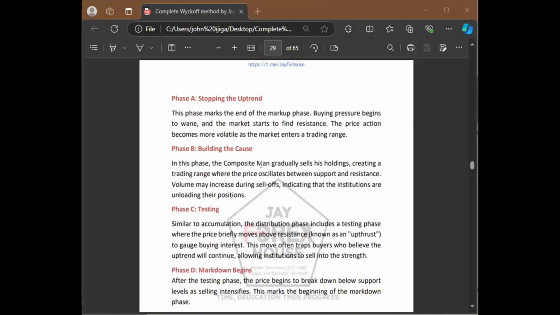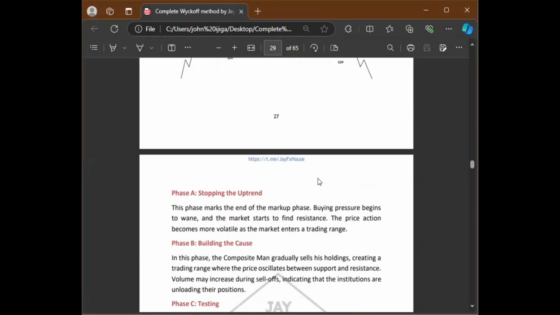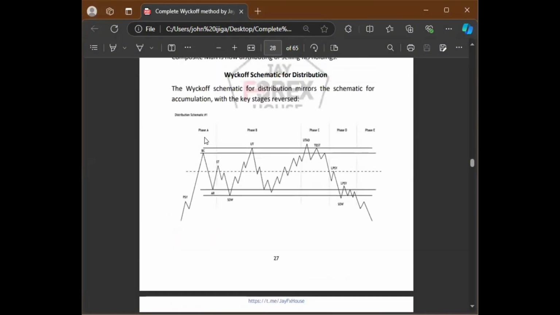Okay. So on today's episode, like I said, we will focus more on how the phases in the market work. So we have phases A, B, C, D, and E on the schematic, as you can see. Each is a point of the structure which is used to understand the Wyckoff method.